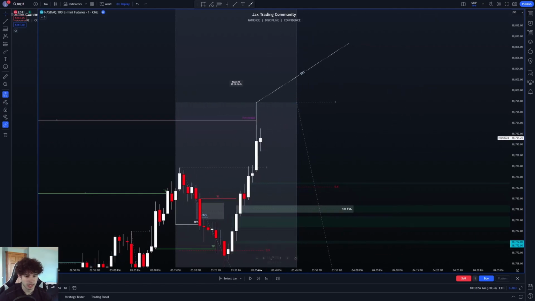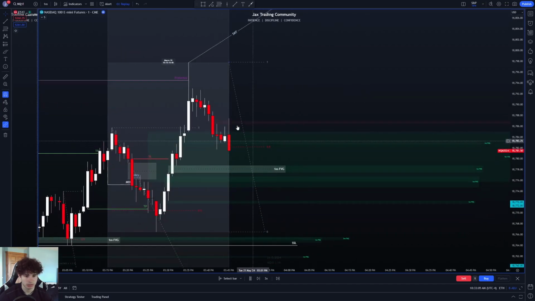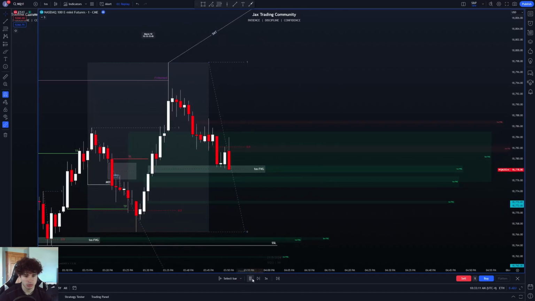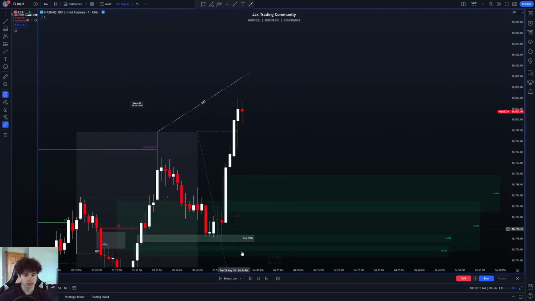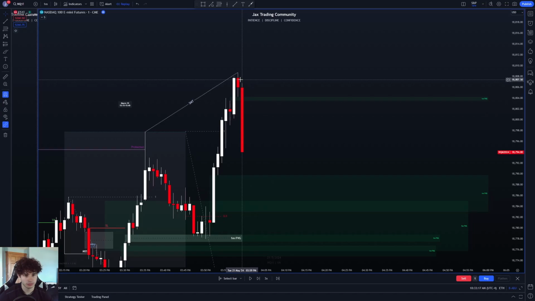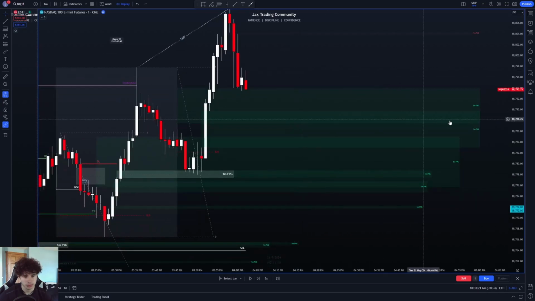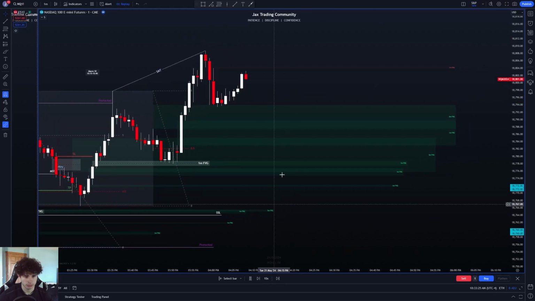So we take out this protected high. Now I want to see more structure. It is sort of going towards the market close, so I don't really expect to see much. But we do retrace to discount here. We do tap this 1 minute. We respect off this 1 minute. We get massive displacement higher. Take out this previous high. And we form SMT. And then right here is when market closes, and we probably just consolidate for a while.